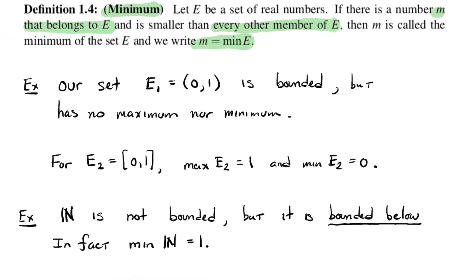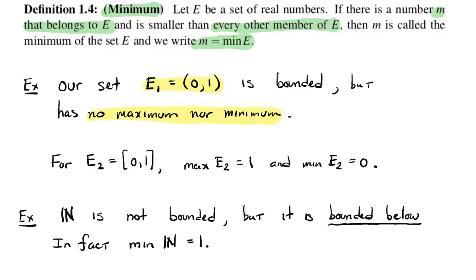If we go back to our example above, we were looking at this open interval from 0 to 1. We said it's a bounded set. It has an upper bound and a lower bound, but it has no minimum or maximum. Maybe you should stop the video and think about that for a second. Whereas the number 1 is an upper bound for that set, it doesn't belong to it.